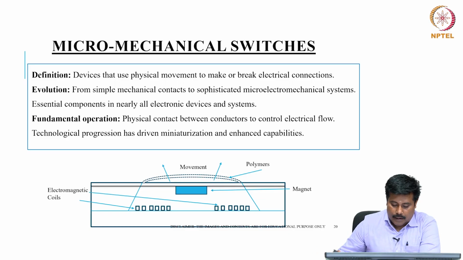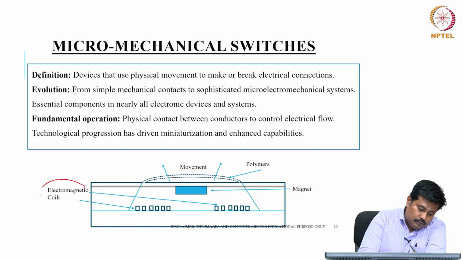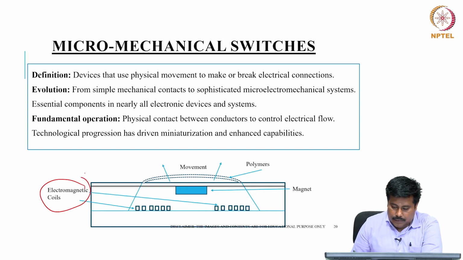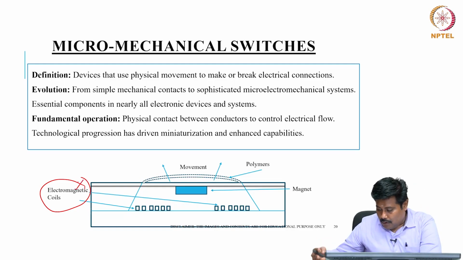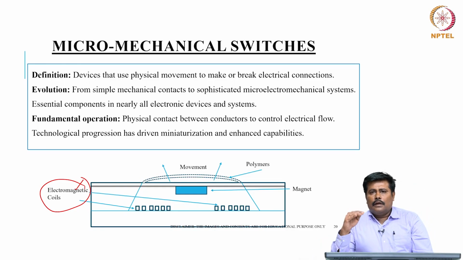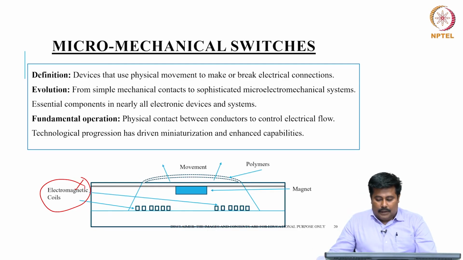In this micromechanical switch, if we keenly observe, we have two electromagnetic coils in place. There is a polymer, which is a kind of diaphragm, placed over here, and then there is a magnet. This magnet will have control over the movement, and based on the frequency or the requirement, these electromagnetic coils will help us give a displacement or a characteristic to this particular system.